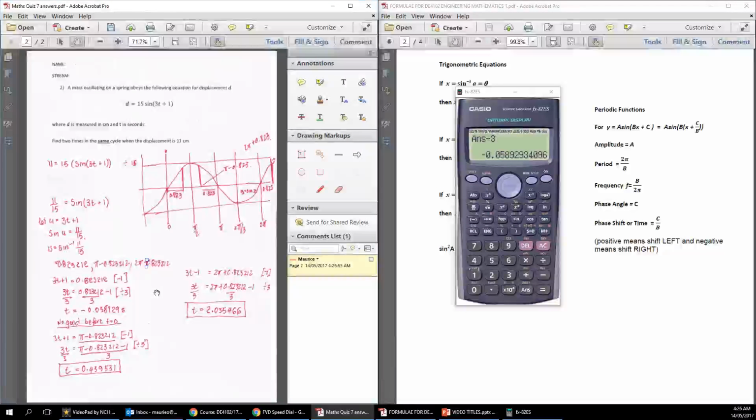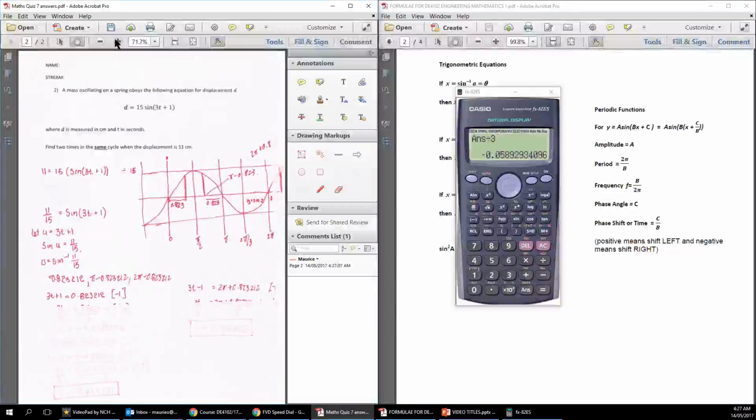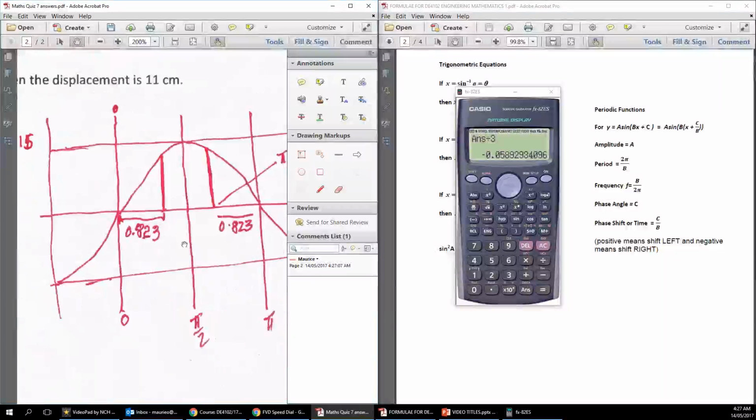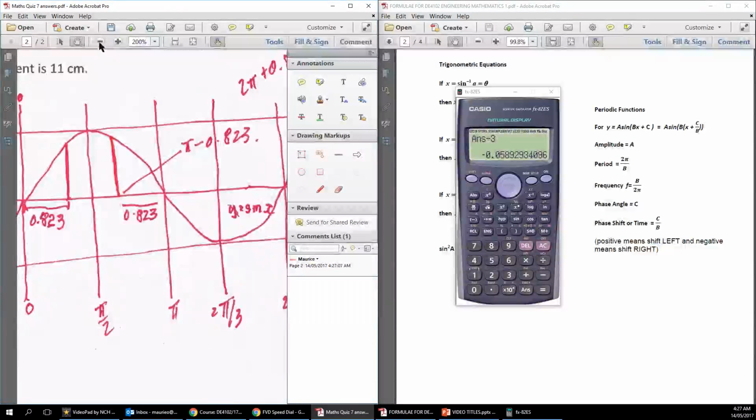Okay, so that's, oops, we'll just move that a little bit into there. Let's just fix that up a little bit. Gone too far there.